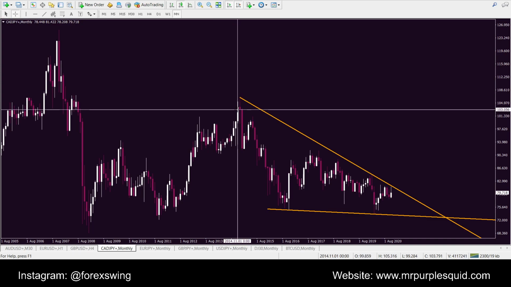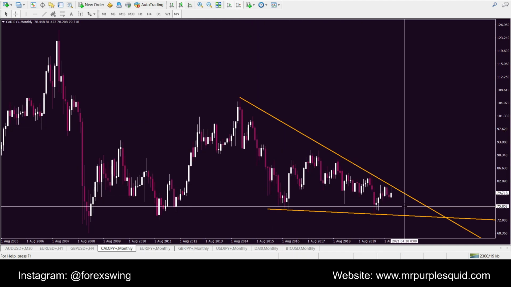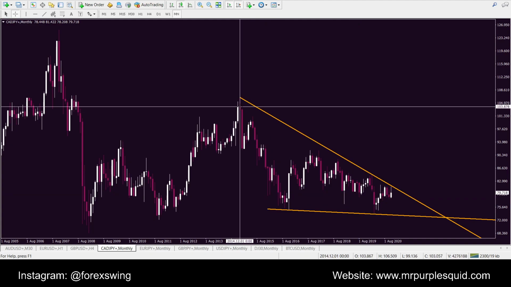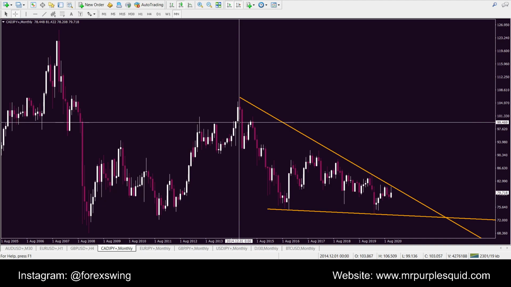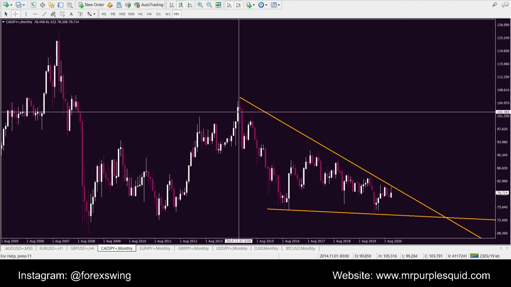I'm only interested in what I'm seeing right about here. And don't underestimate it, guys, because from here to here is basically back to 2014. So that's a lot of data.